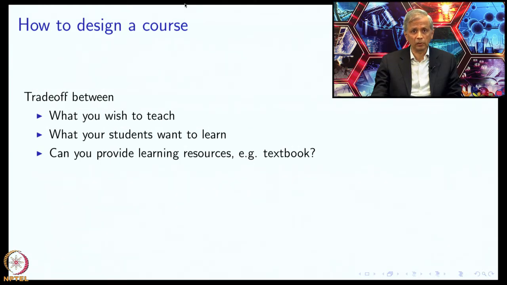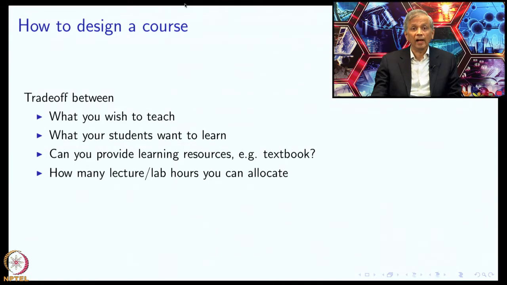Is there a good textbook to teach what you want taught? And how much time do you have? How many lab hours can you allocate? This number can vary quite widely, so depending upon what you have, you may be able to teach a smaller course or a larger course.